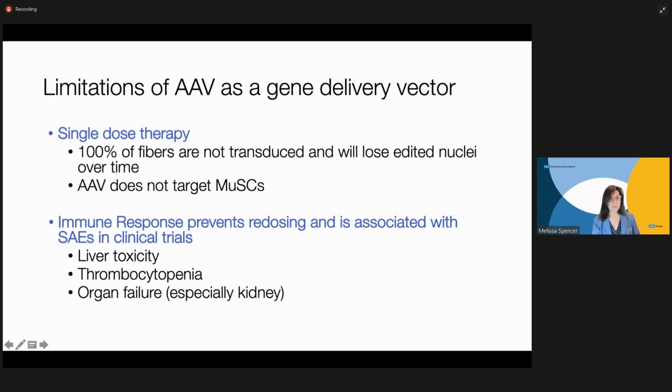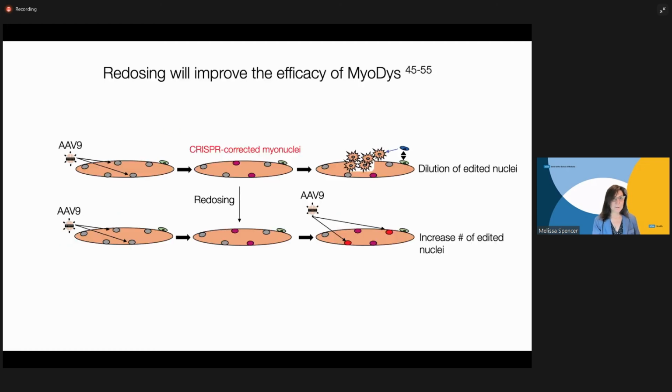And so in my lab, I'm not going to have time to talk about it, but there's a big effort to unbiasedly examine immune responses, both innate and adaptive immunity, looking at complement, because this seems to be a big problem, and seeing how changes in innate immunity affect subsequent adaptive immunity.